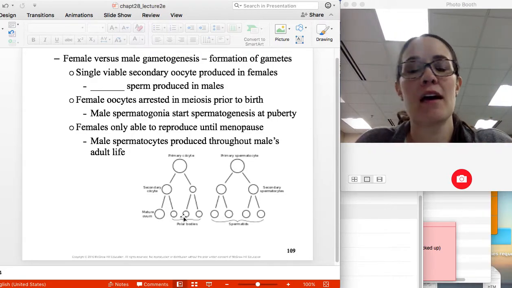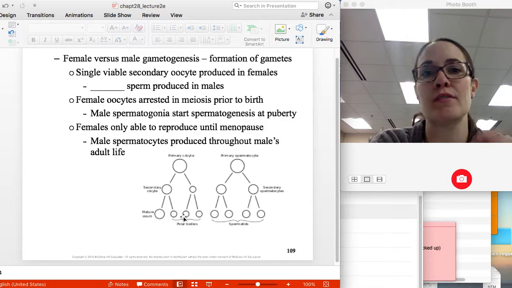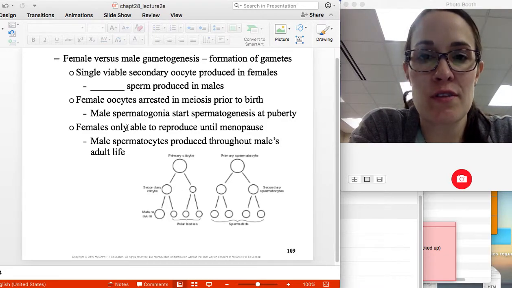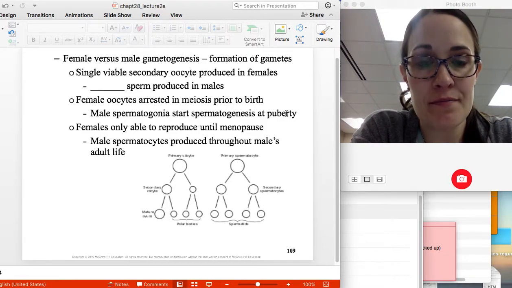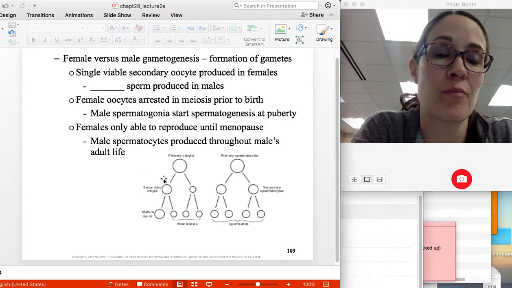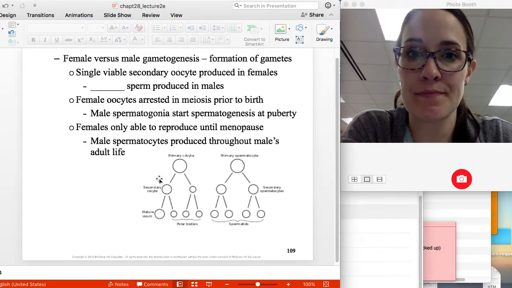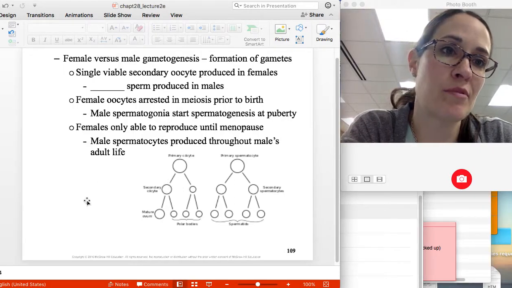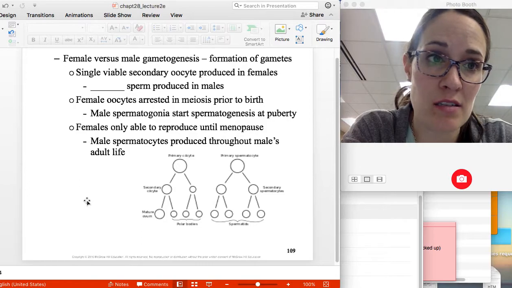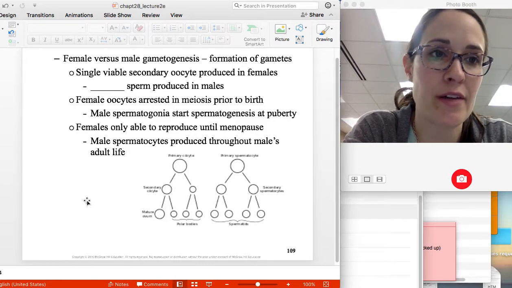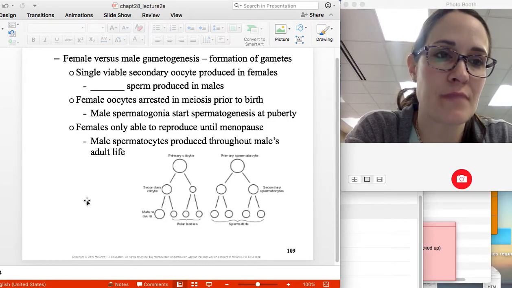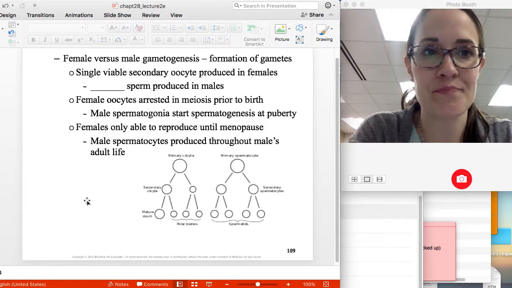And then males and females both start this process at puberty, although females are born with all their primordial cells and they can't make any more. And females are only able to reproduce up until menopause. That's where the period stops for over a year, the menses, the building up of the endometrial lining.